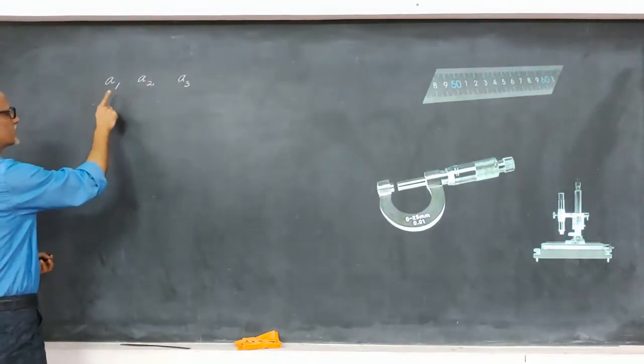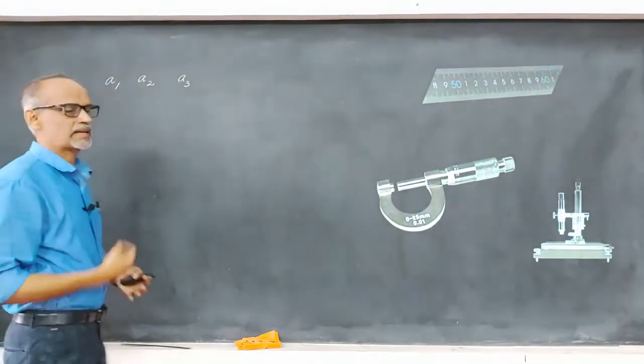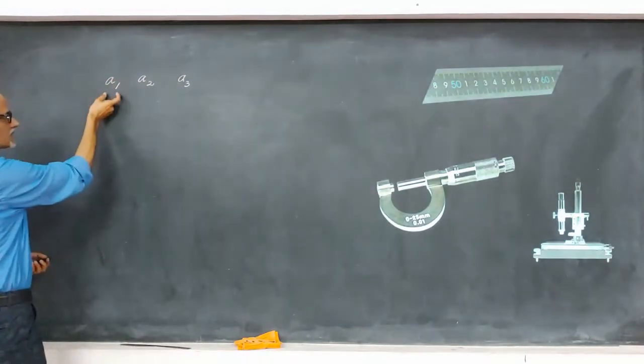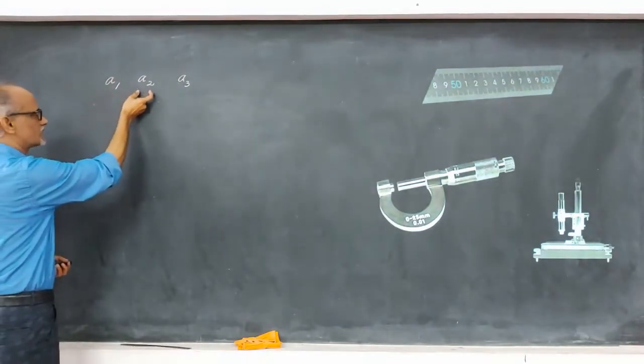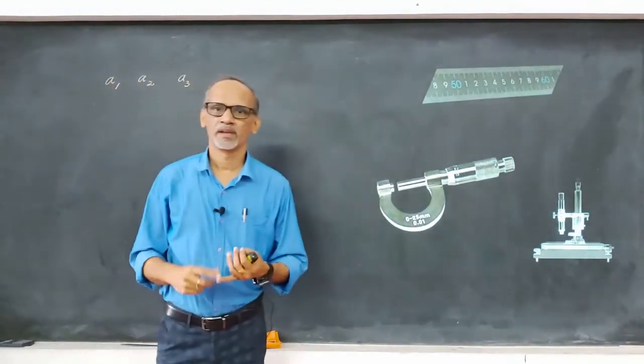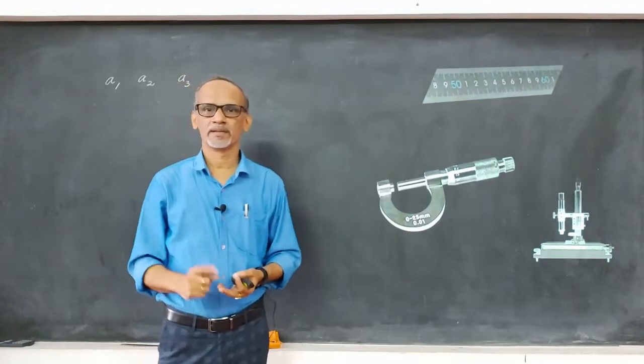These are the different trials. I am going to measure it 3 times. A1 is the first trial, A2 is the second trial, A3 is the third trial. A1, A2, A3 are 3 readings measured using the same device.